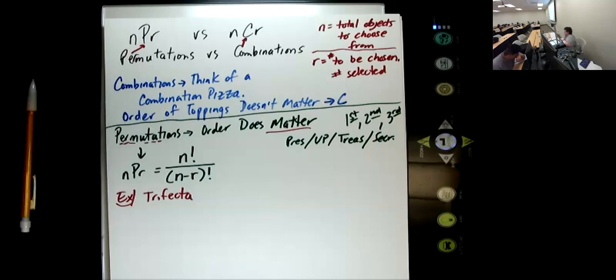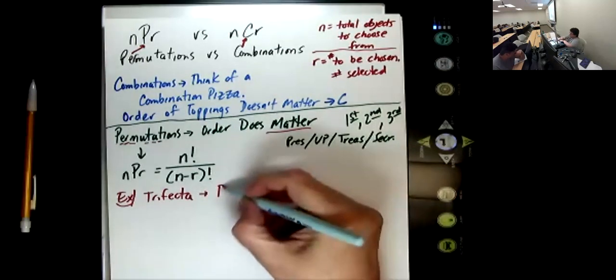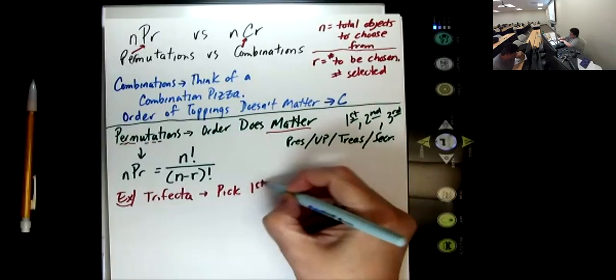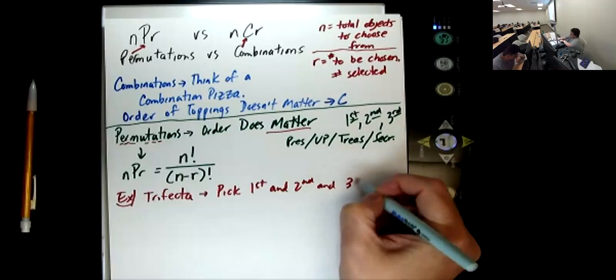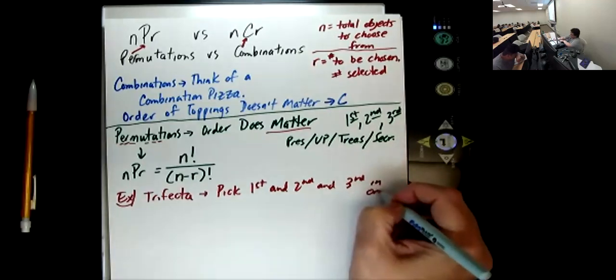My cousin took me and my brother, because my mom had to work during the day. Mom gave my cousin some money to have some fun at the fair, and she wanted to show us how bad horse racing was. So the trifecta is you have to pick first place and second place and third place in order.